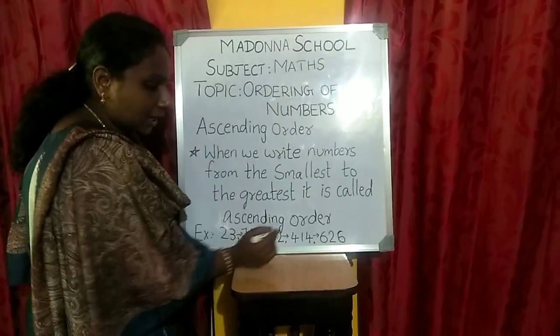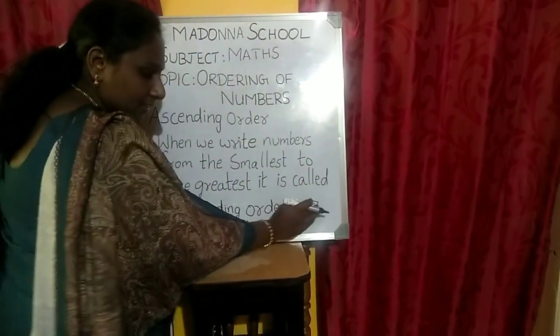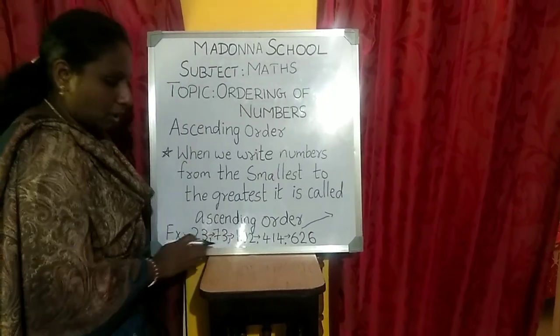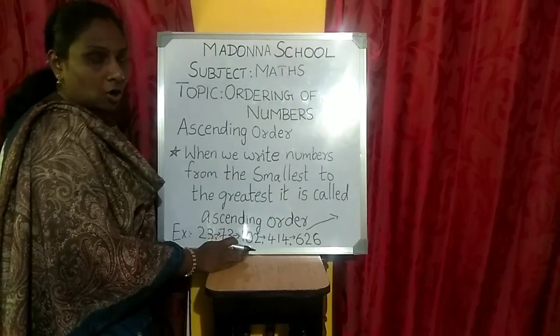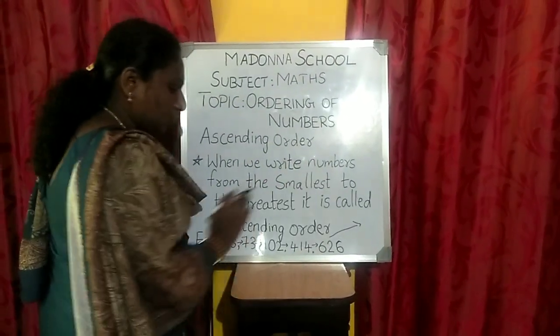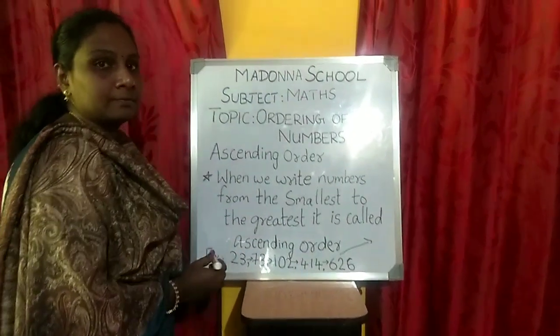So it is in increasing order. And it is called what? It is called ascending order. When we write the numbers from the smallest to the greatest, it is called ascending order.